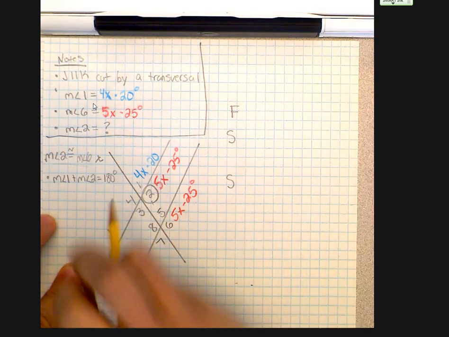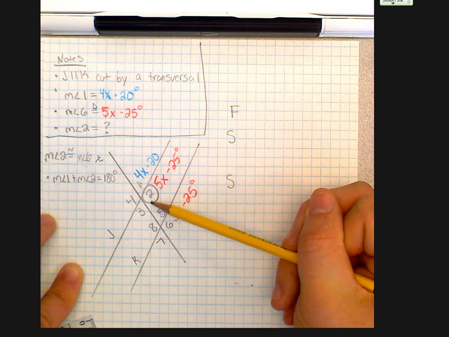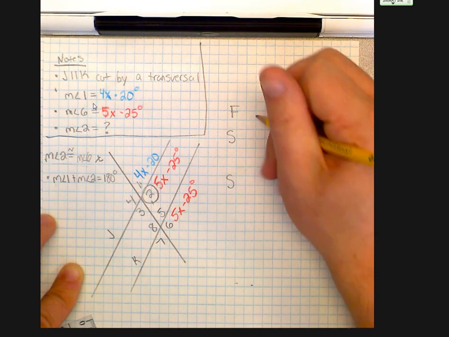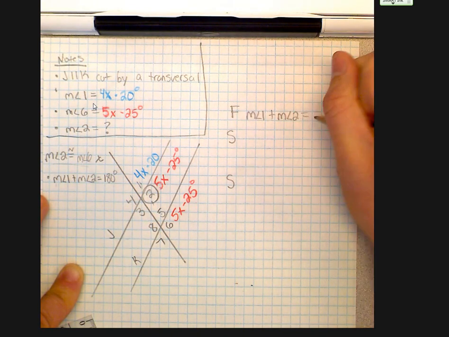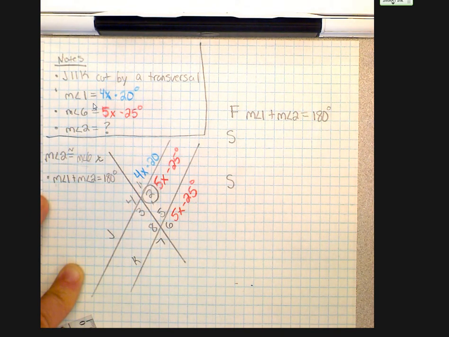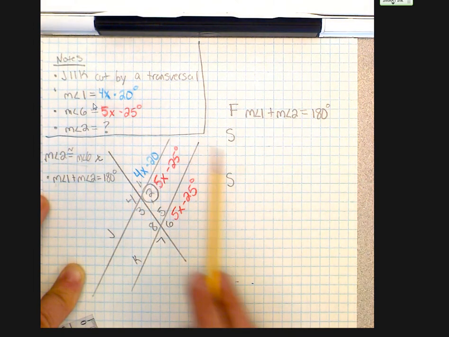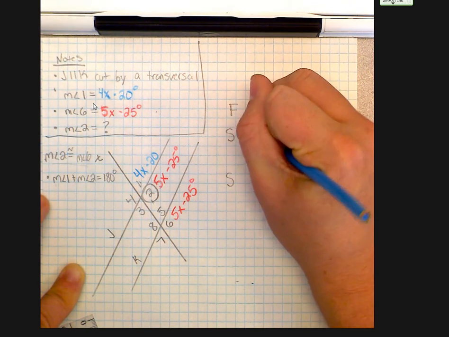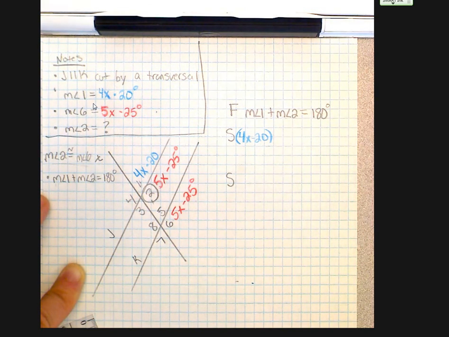And our formula here in this case is what we were just working with, angle 1 and angle 2. We know they add up to 180 degrees. That's our formula. So I'm going to rewrite that over here where I have a lot of space. 180 degrees. And now I'm going to substitute in what I know. We know the measure of angle 1 right over here is 4x minus 20. And I'm going to bring down my addition sign.